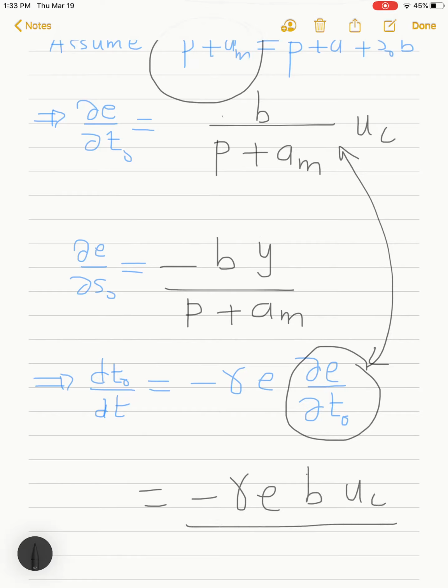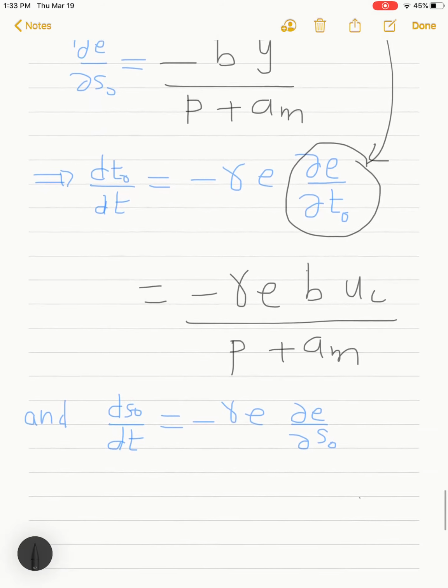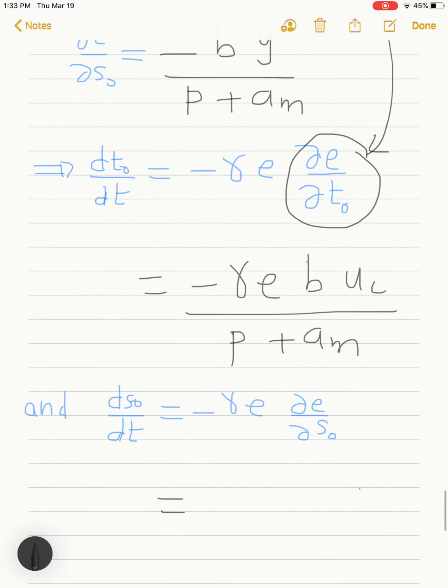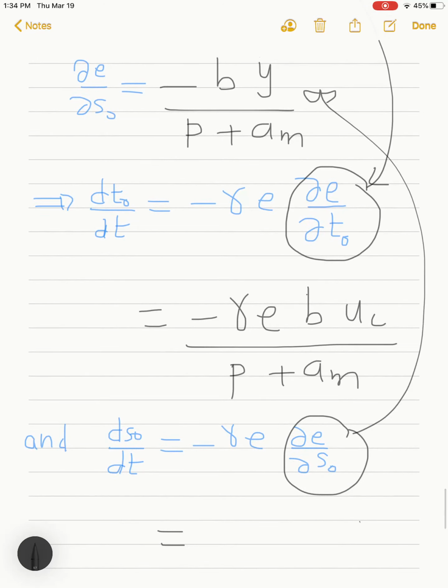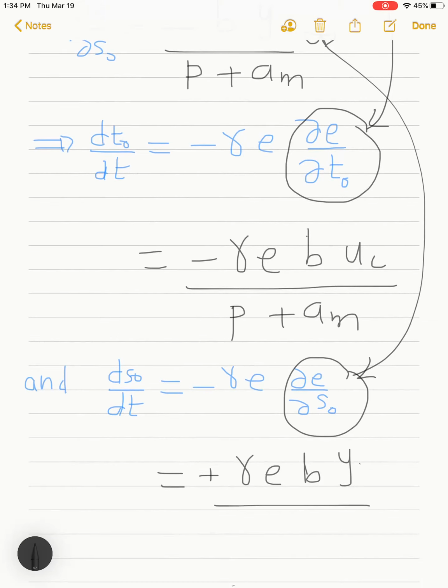So this is the first equation. And the second equation would be, I'll substitute for de/ds0 from the sensitivity derivative of that. So that will be plus gamma e times 1 over (p + am) times y.